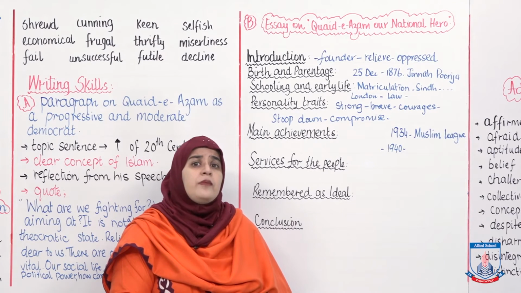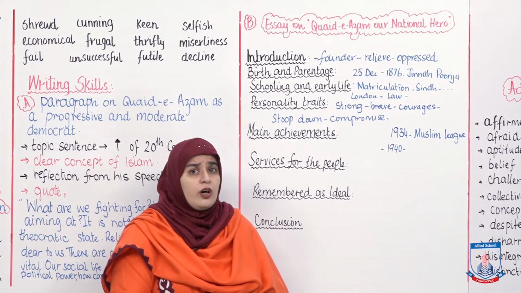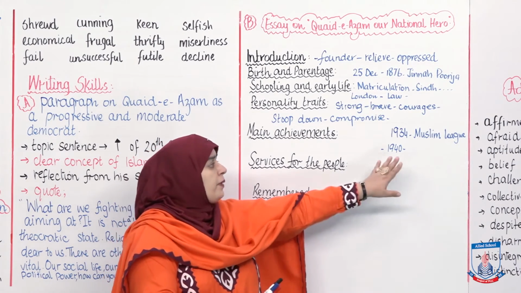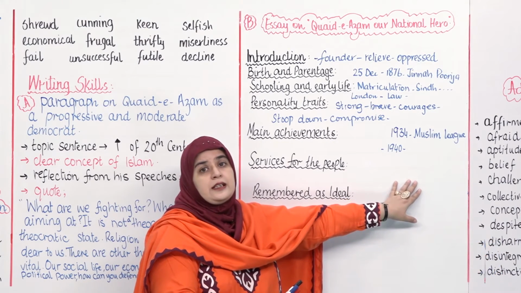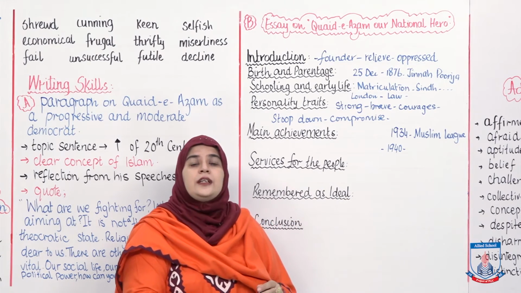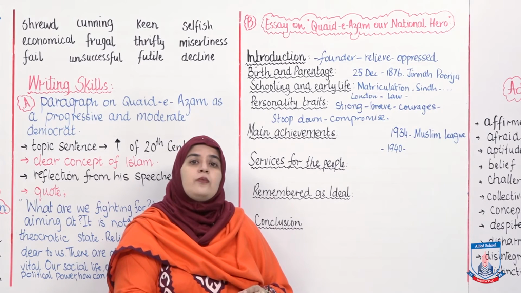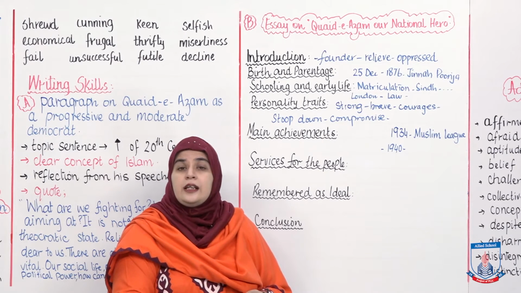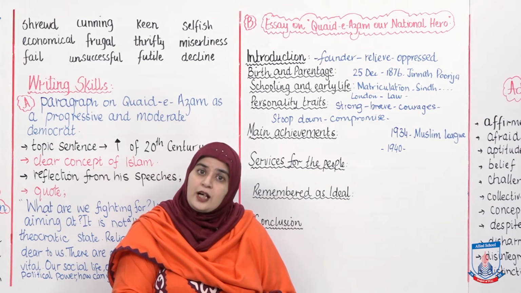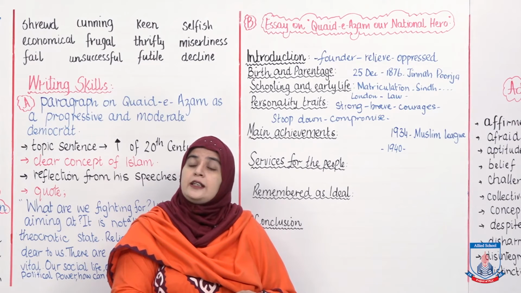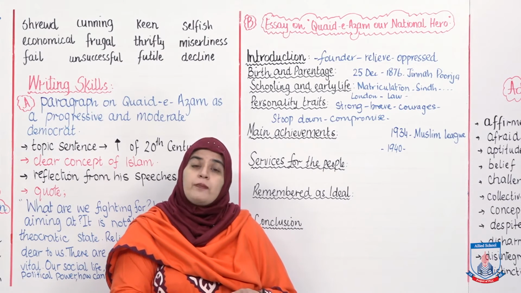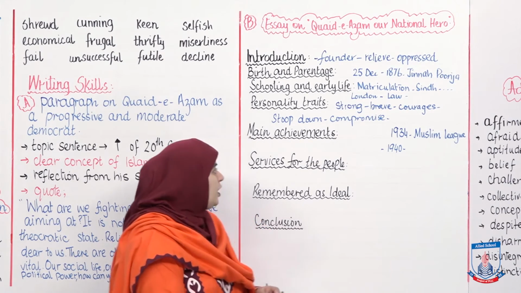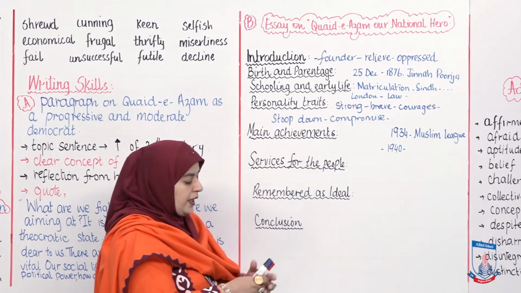So Quaid-e-Azam left the Indian National Congress and formed Pakistan Muslim League in 1934. And within a 6 years' time, he was successful in passing the Pakistan Resolution on 1940. ये पाकिस्तान रेजोल्यूशन थी बेटा, जिसकी वजह से पाकिस्तान की आइडियोलॉजी कायम हुई और पाकिस्तान came into being, right? So this was his main achievement.